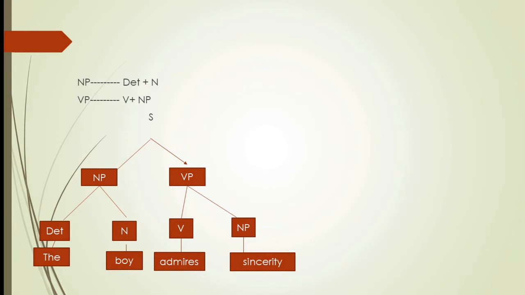Noun phrase divided into determiner and noun. Verb phrase divided into verb plus noun phrase. The is the determiner, boy is the noun, admires is the verb, and sincerity is the noun phrase. So you see the same tree diagram we have represented by means of PS rules or rewrite rules.